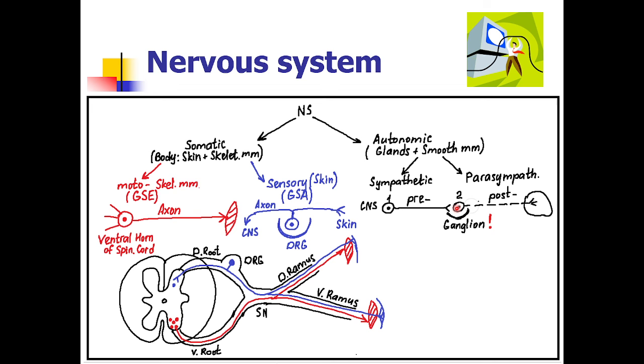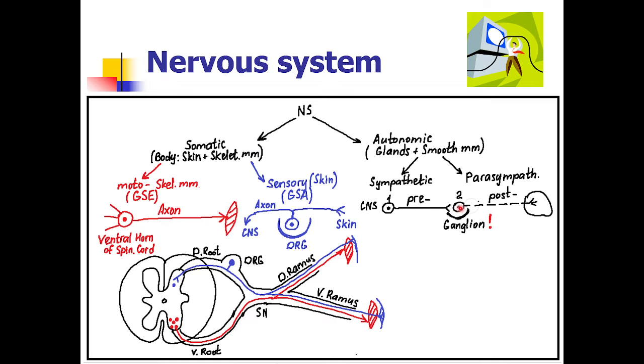We need the second neuron located in a ganglion. And whatever we have before the ganglion, we name with the term preganglionic. So my neuron number 1 in the central nervous system would be named the preganglionic neuron, and the axons would be named preganglionic fibers, either sympathetic or parasympathetic.